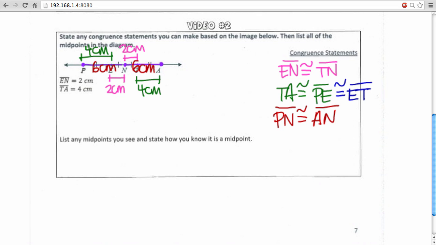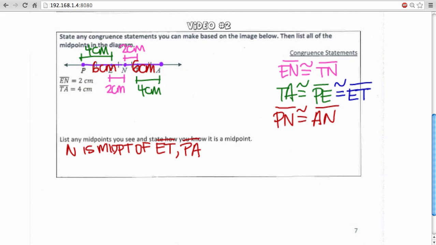Okay, that was a lot, but let's list out our midpoints now. So we can say that N is the midpoint of ET. N is also the midpoint of PA, the entire segment PA.